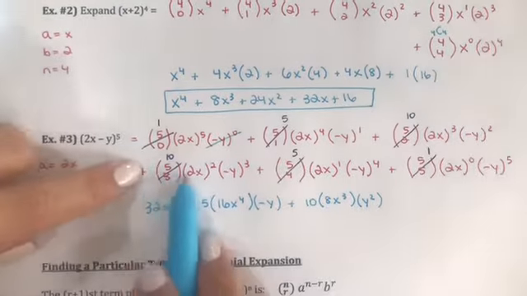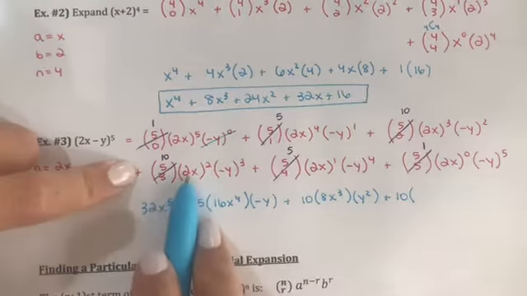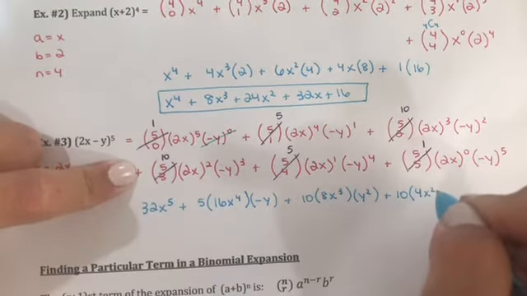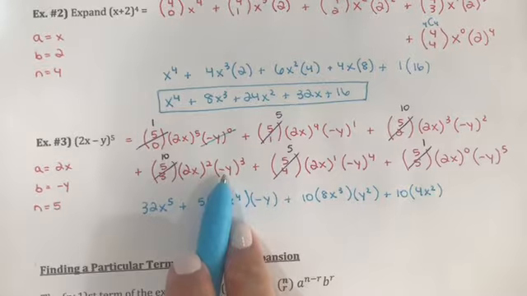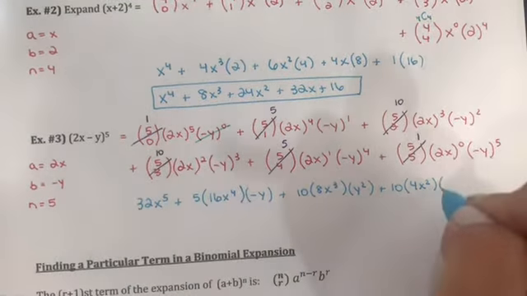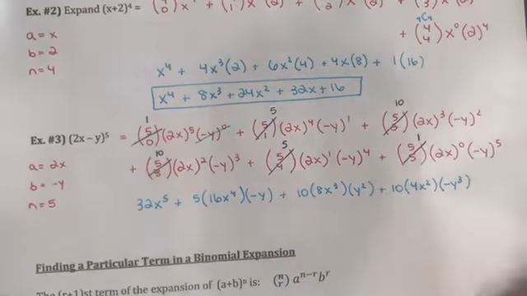Okay, keep going. I've got 10. 2x quantity squared is 4x squared. Negative y times itself 3 times is going to stay negative and keep the exponent.